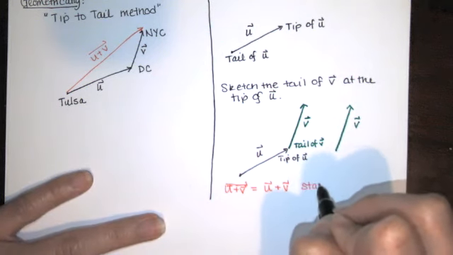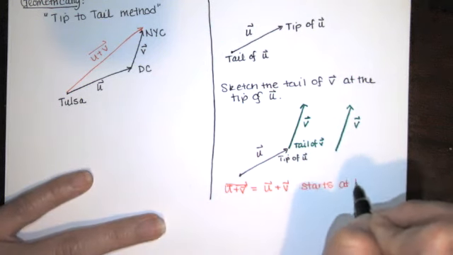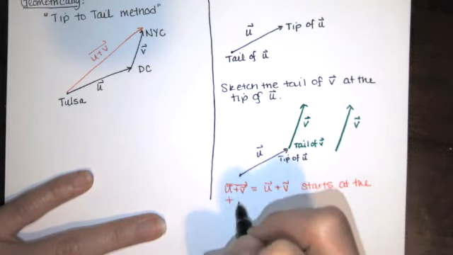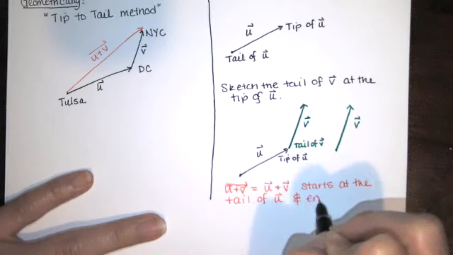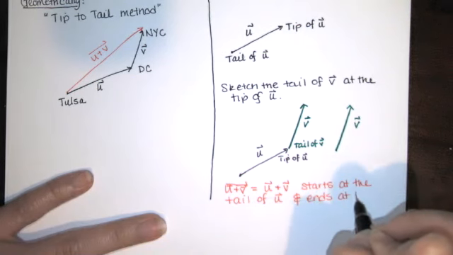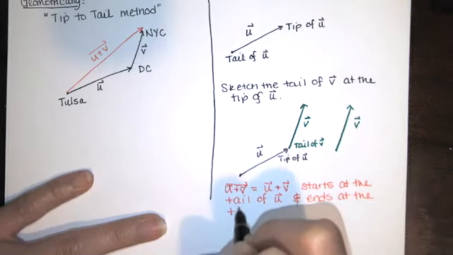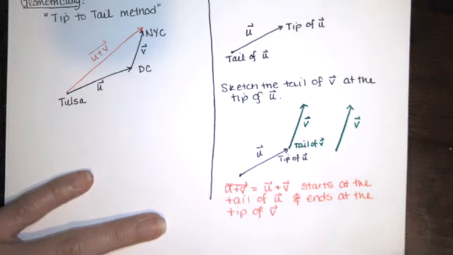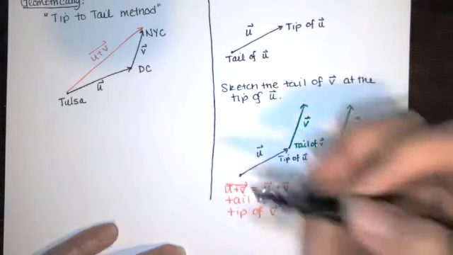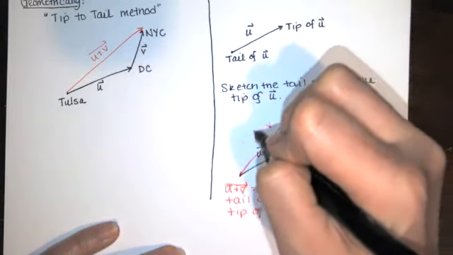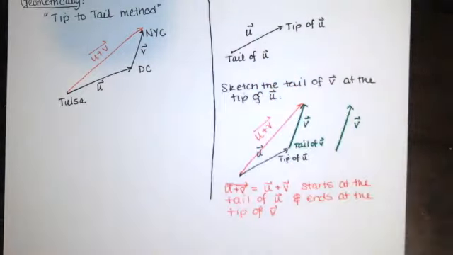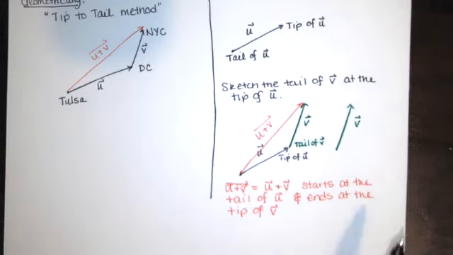It starts at the tail of u and ends at the tip of v. So we start over here and we end over there. Now again, this is easiest to think of in terms of displacement. This is called the tip to tail method.